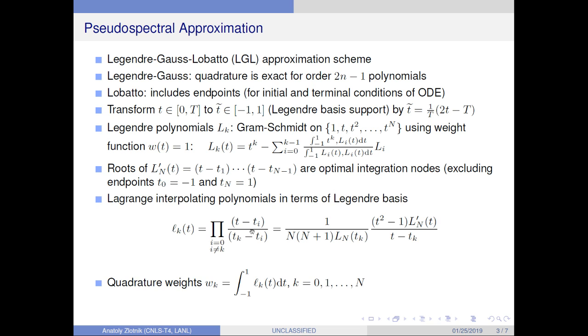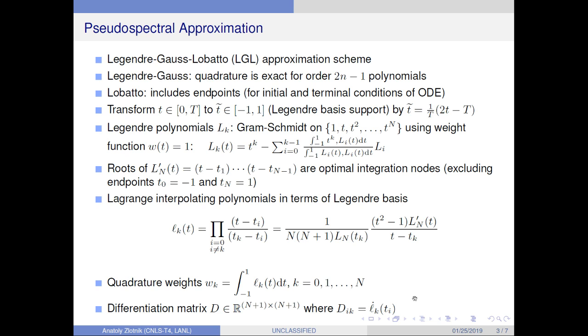And Lagrange interpolating polynomials can be written in terms of the Legendre basis, and quadrature weights for the integration are given by integrating the Lagrange polynomials over the basis support.